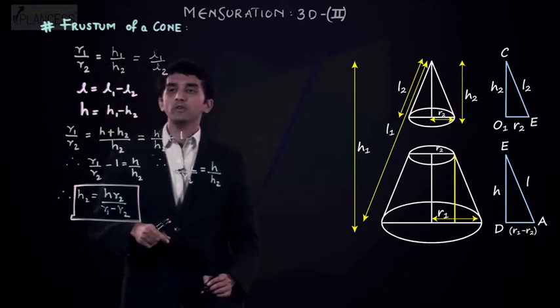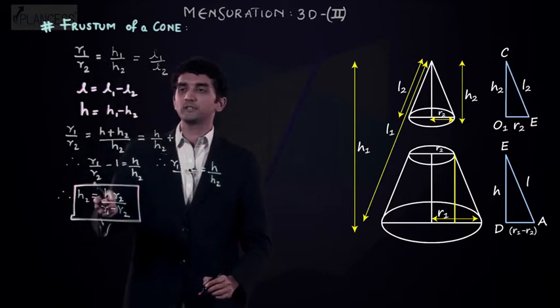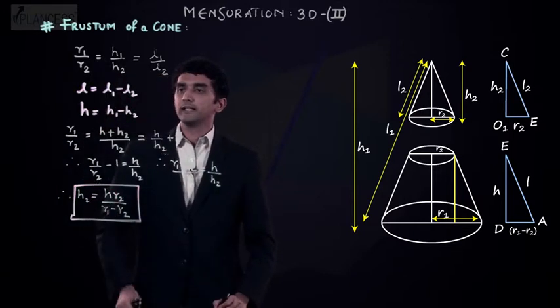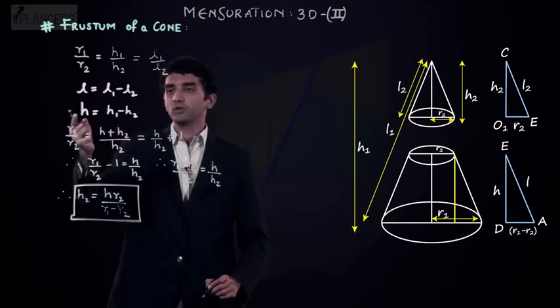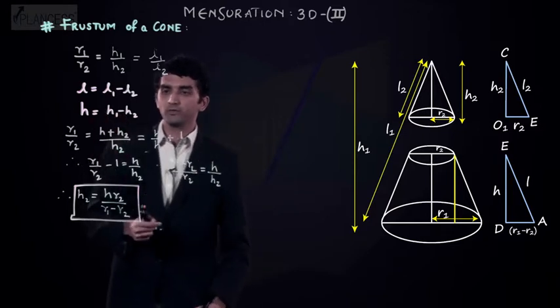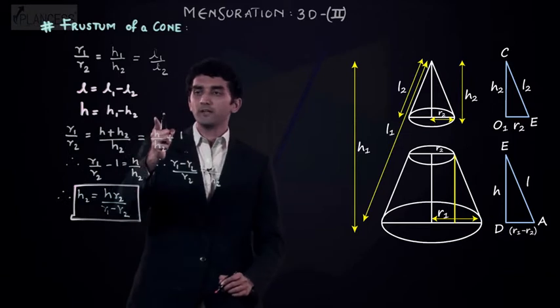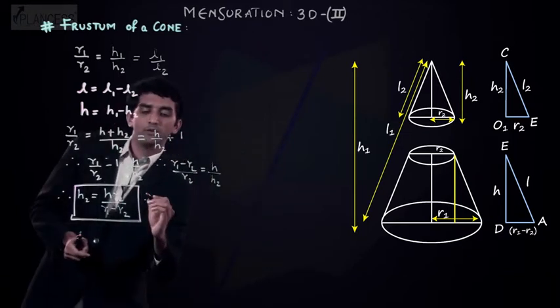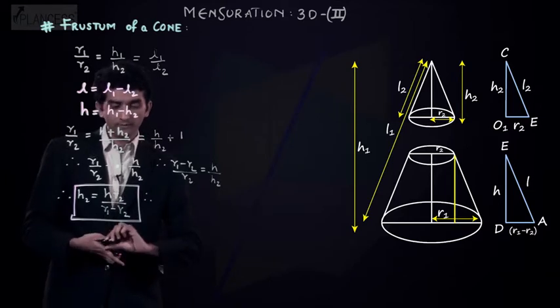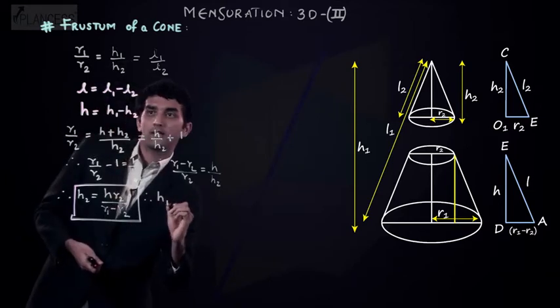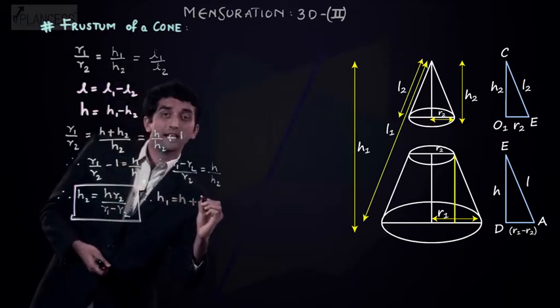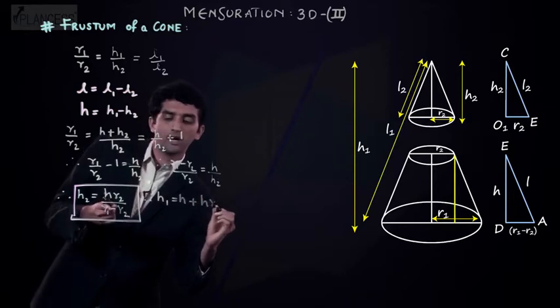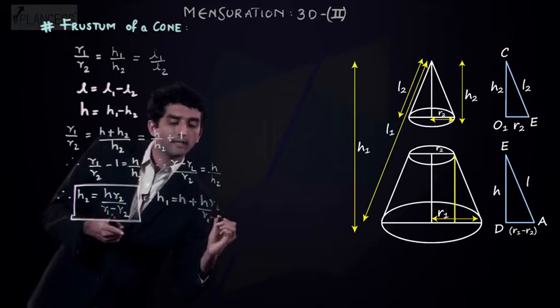Right, now we can just simply substitute this value of H2 in this and find out the value of H1, and that is what we are going to do. From this we have figured out that H1 is nothing but H plus H2. So therefore H1 is going to be H plus H2, and H2 is HR2 upon R1 minus R2.